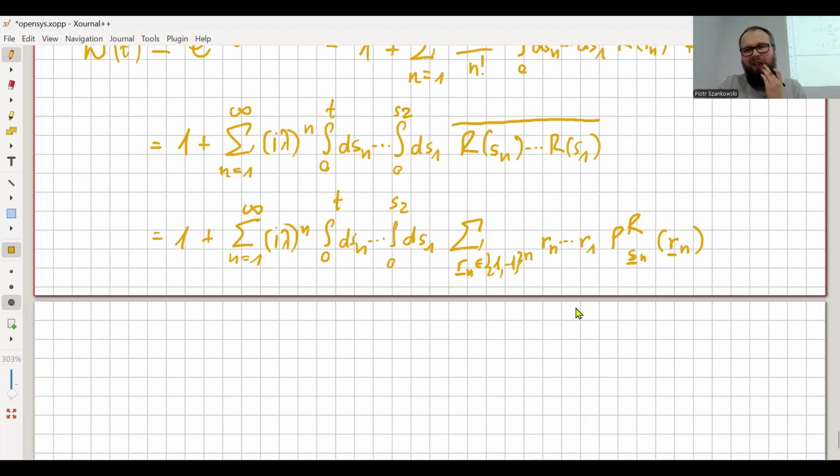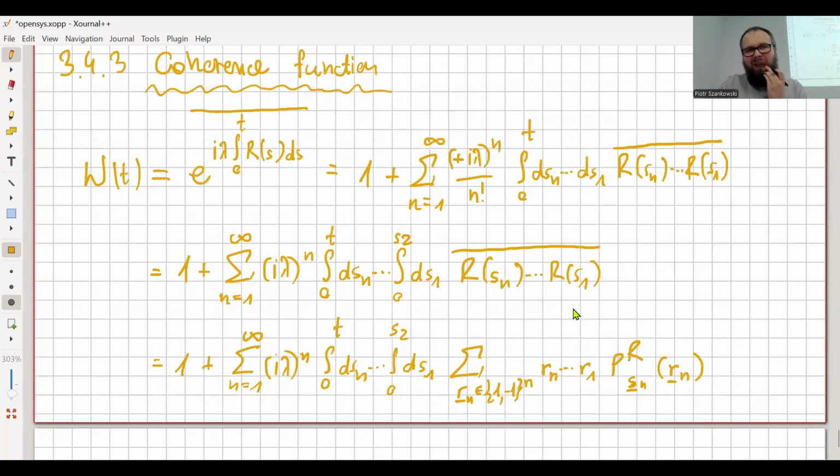And this might work, but actually this coherence function for telegraph noise can be calculated in a more clever way than just expanding everything in series, substituting moments, and then converting back into the function. There is a more tricky solution to this problem, and I will leave exploring this solution as an assignment for you.